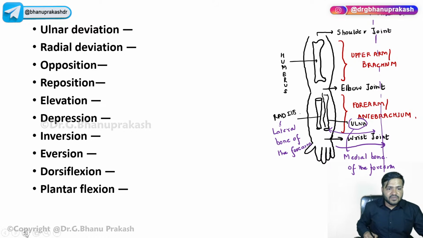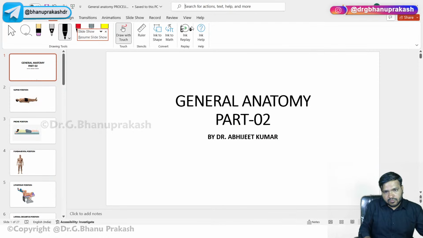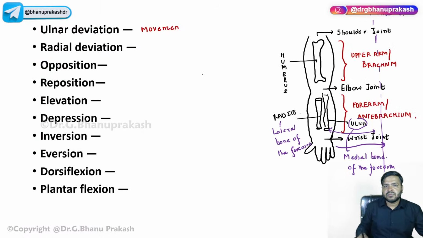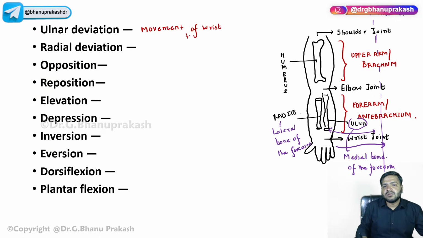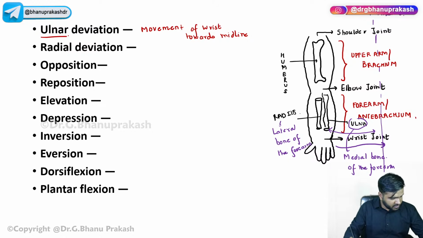So remember, ulnar deviation means movement of wrist towards the midline, because ulnar is basically the medial bone, right?